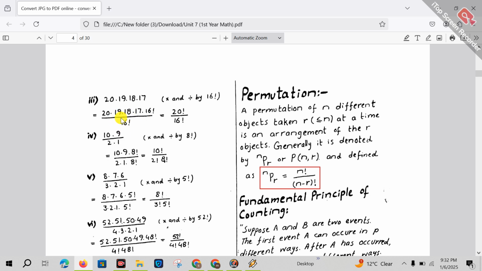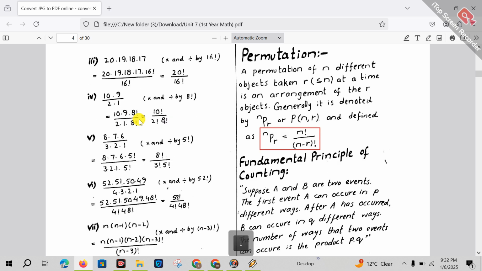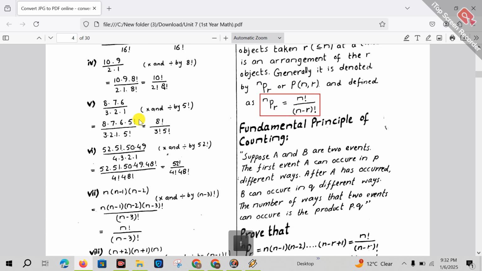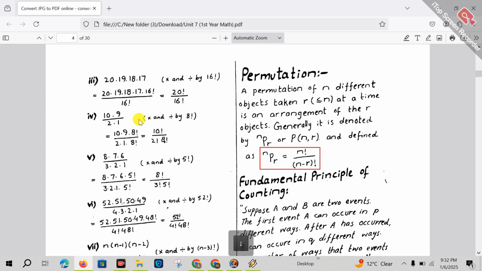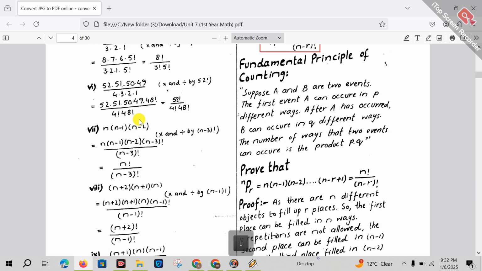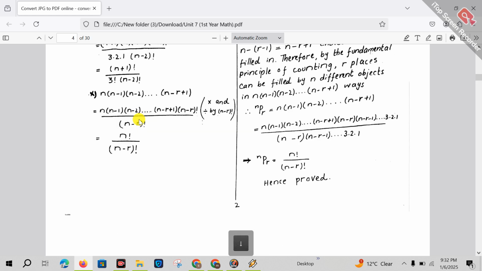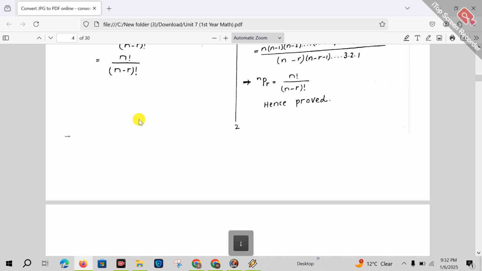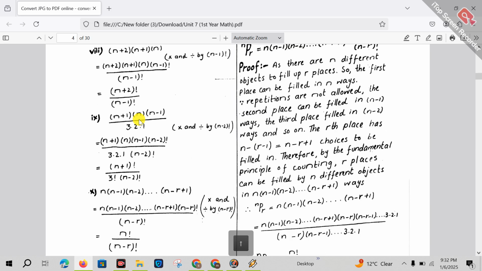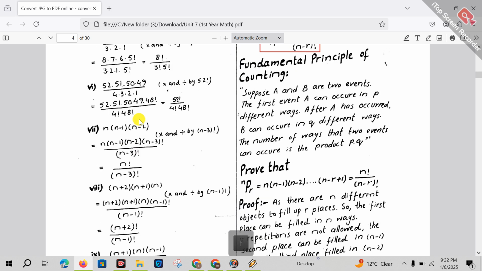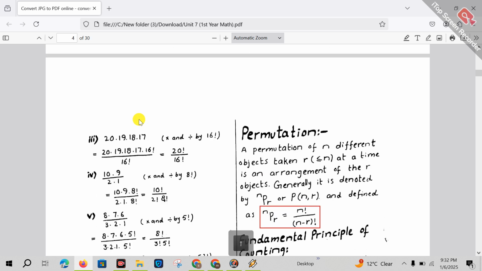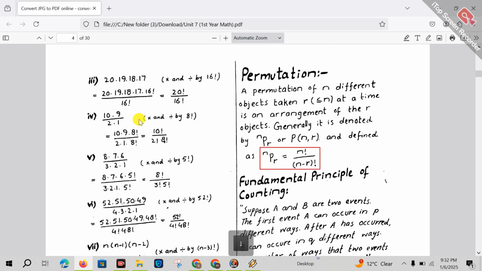Similarly, here it is also 16 factorial. In a similar fashion, you can solve all these questions easily. I hope you will solve them. And in the next lecture, we will discuss the concept of permutations.